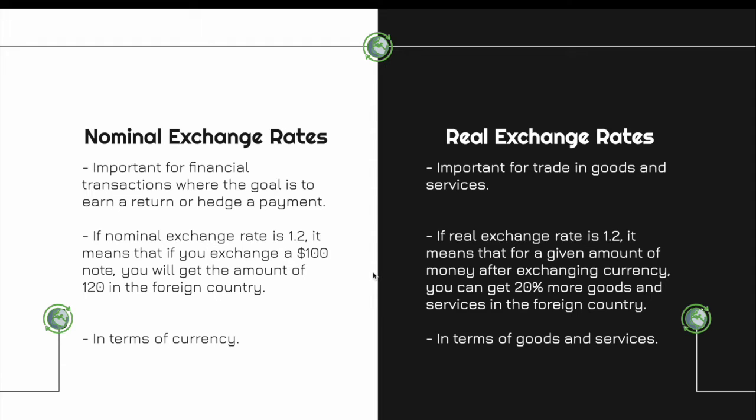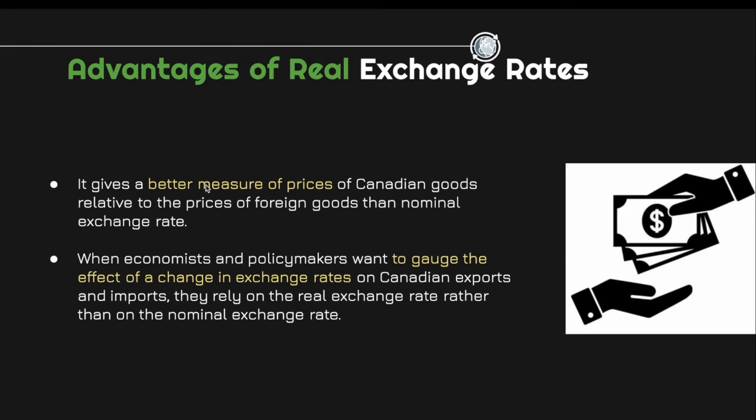While if the real exchange rate is also 1.2, it means that for a given amount of money after exchanging currency, you can get 20% more goods and services in the foreign country. So as can be seen, nominal is in terms of currency, while real is in terms of goods and services.